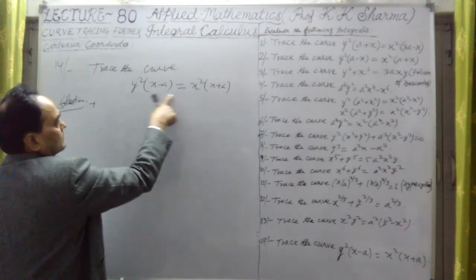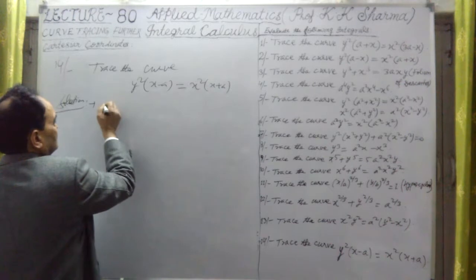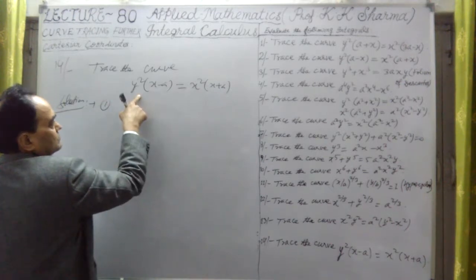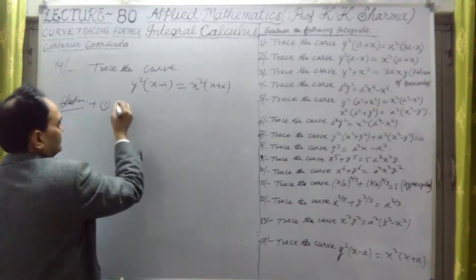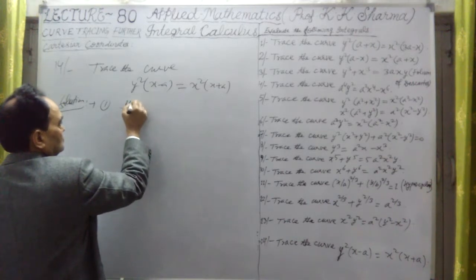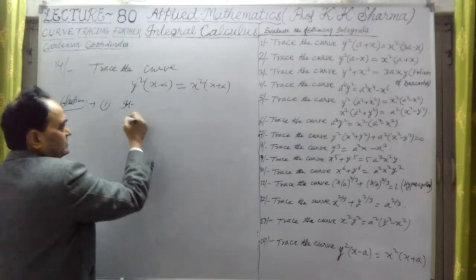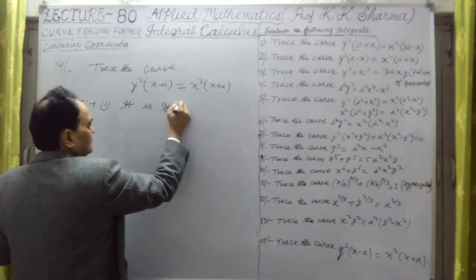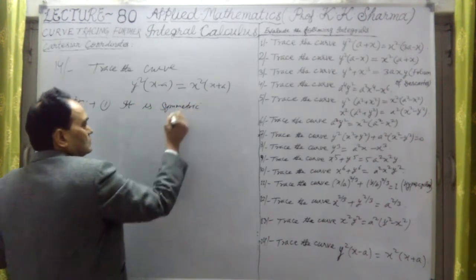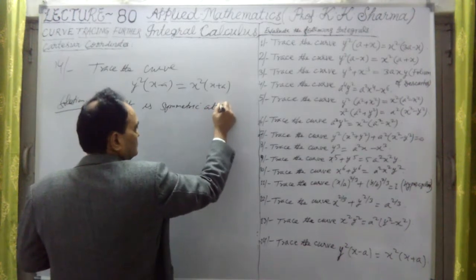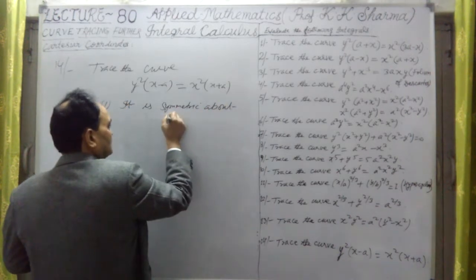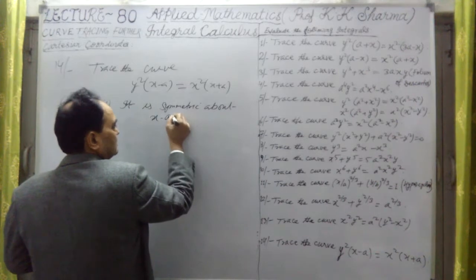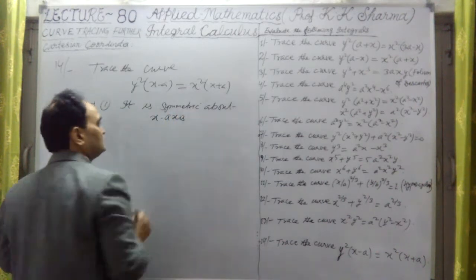So here we see y is an even power, so it is symmetric about the x-axis. The curve is symmetric about the x-axis. What is the reason?